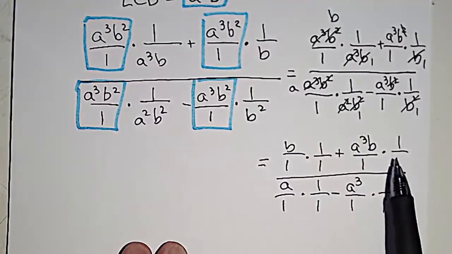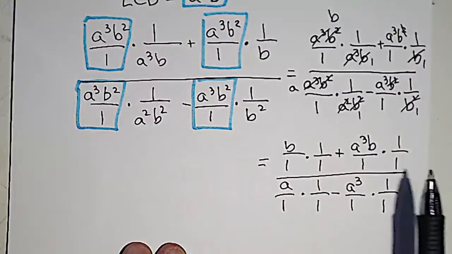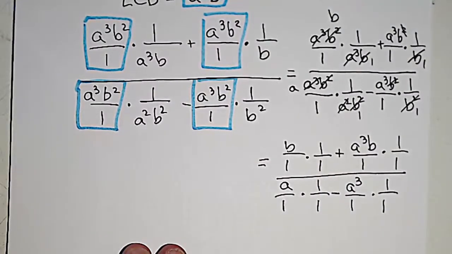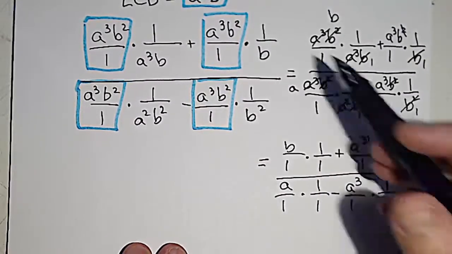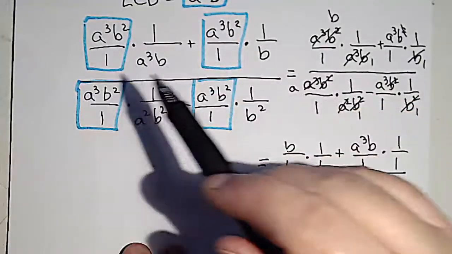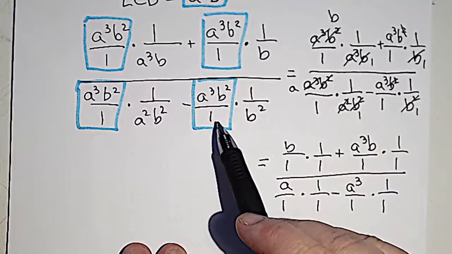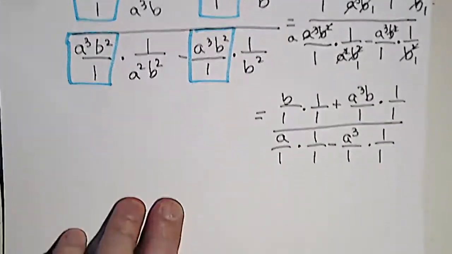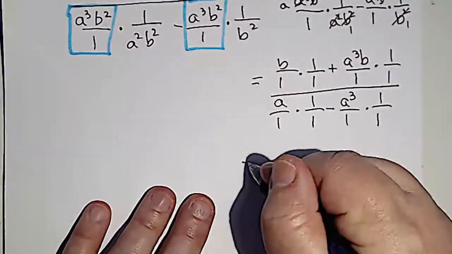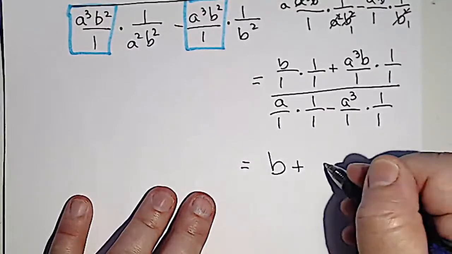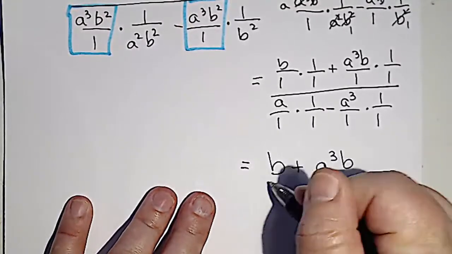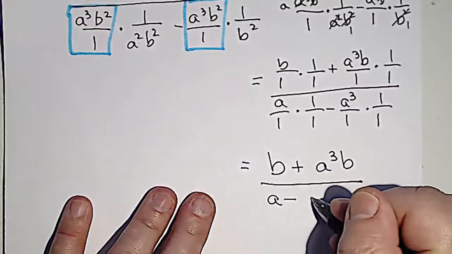You can't just use one for the whole line. Each term, if you're going to do this method, you have to use a separate least common denominator or least common multiple for each term. Okay, you got to promise me that. Promise, please. Okay, good.